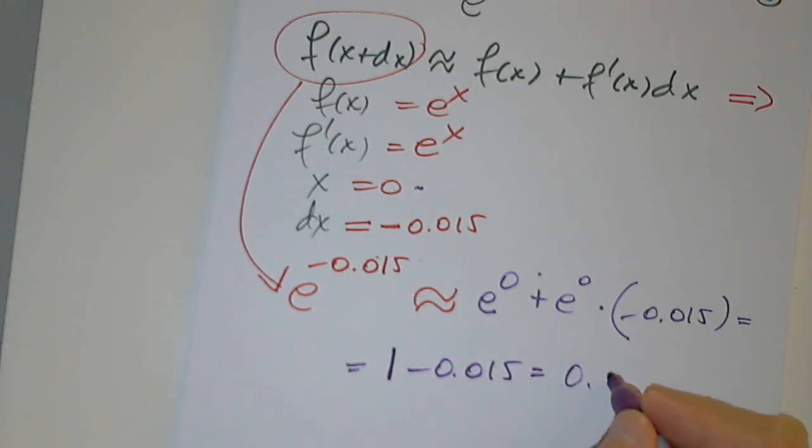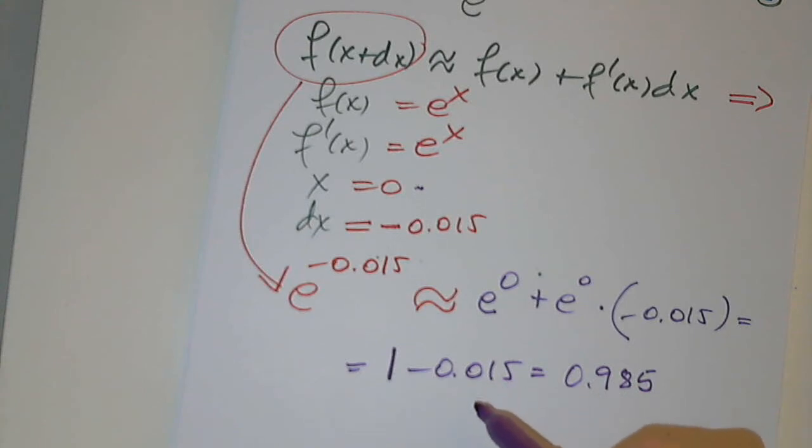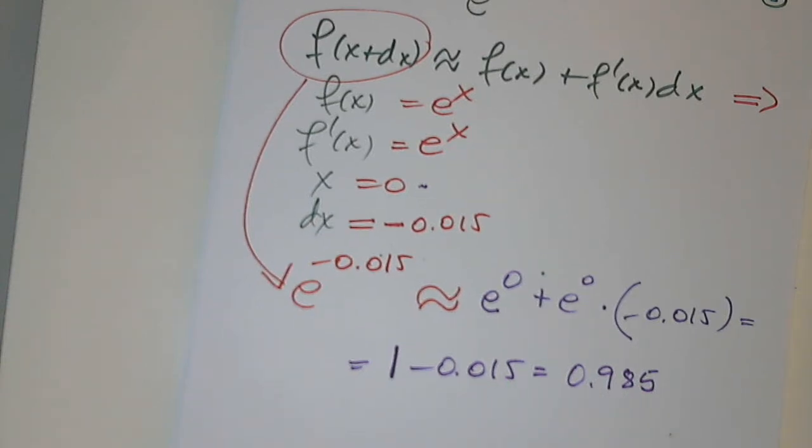So this is 0.985, right? Good. Would you have believed that you're able to estimate, I should say, not evaluate, estimate, e to negative 0.015?